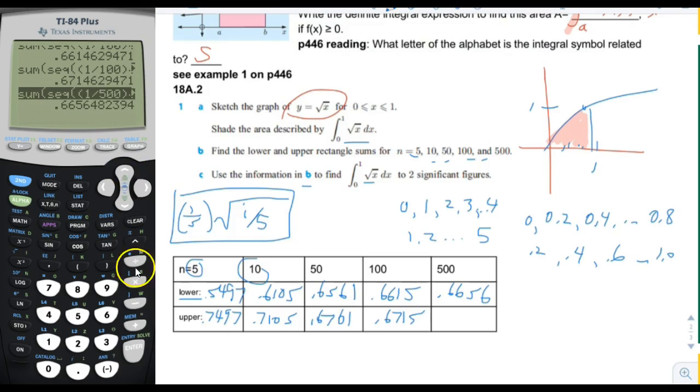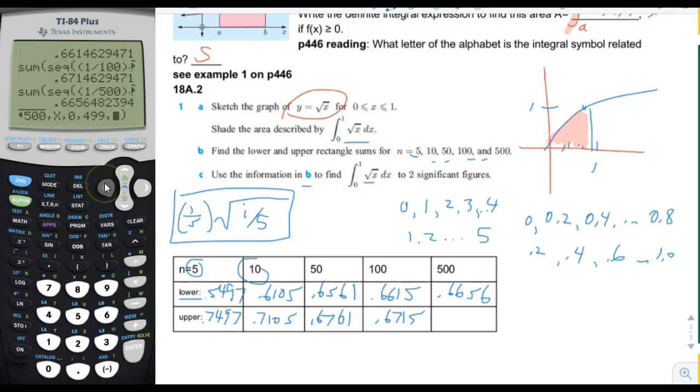And last of all, we're going to be counting from 1 to 500. 0.6676.